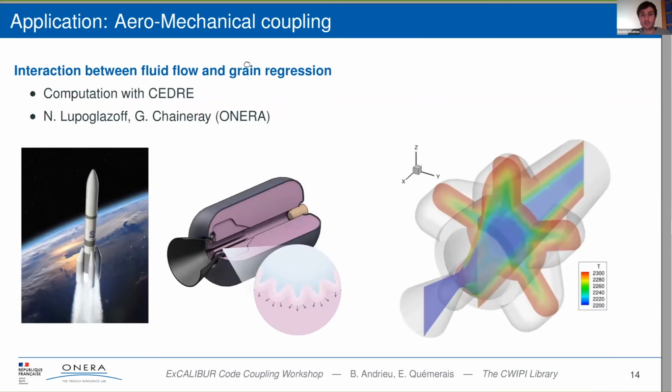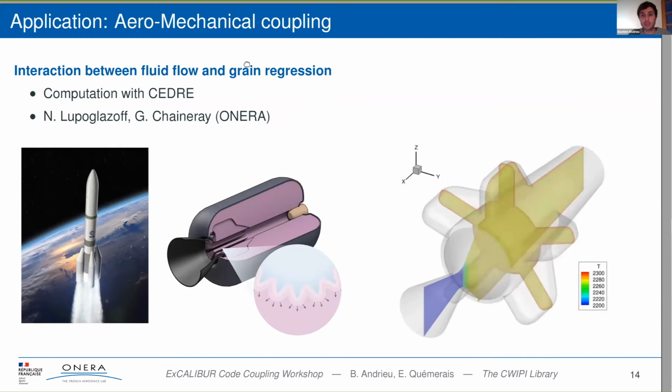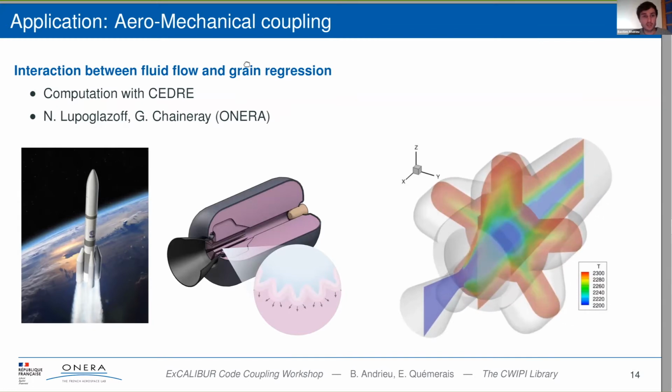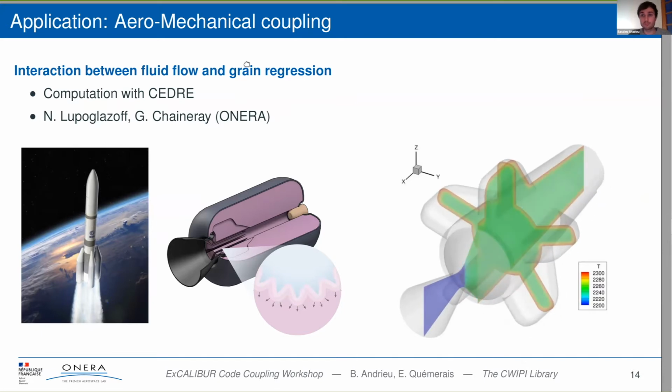Next, we have an aero-mechanical coupling of a solid rocket booster. So this part of the launcher, and here we study the fluid flow inside the combustion chamber, and we have solid grain propellant which is burning and converting to gas.